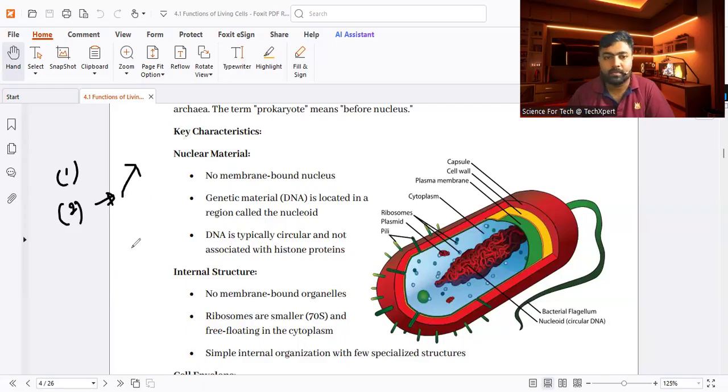Can you remember what those organelles are? There are three organelles which have two membranes. Cannot remember, sir.